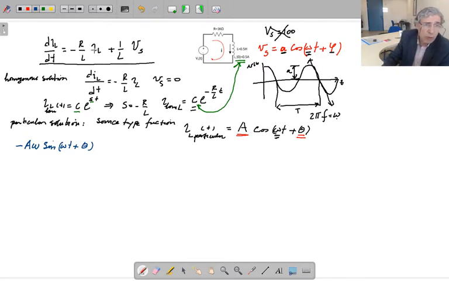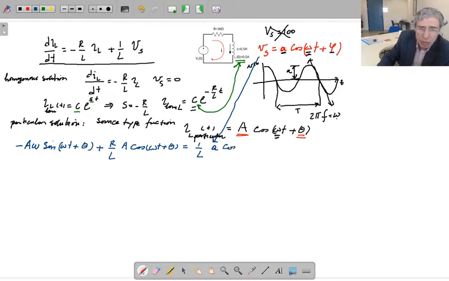If I move this one to the right hand side, that means it's going to be plus R over L times IL, that's the function that I estimated. So A times cosine omega t plus theta is equal to 1 over L times this source function, small a times cosine omega t plus phi.